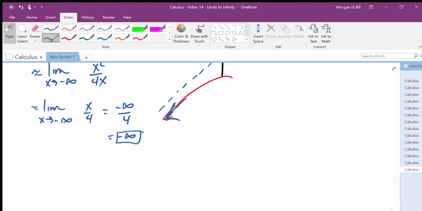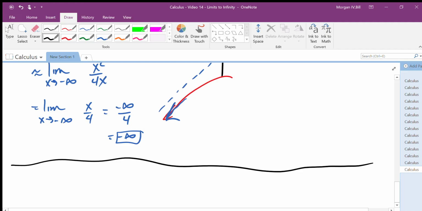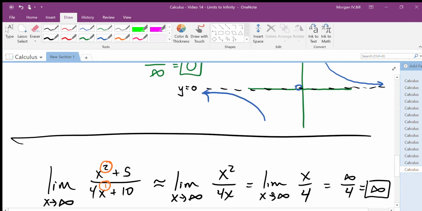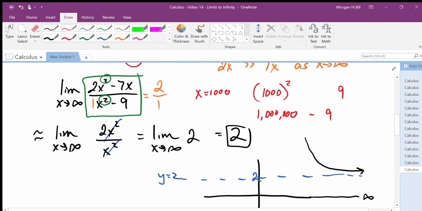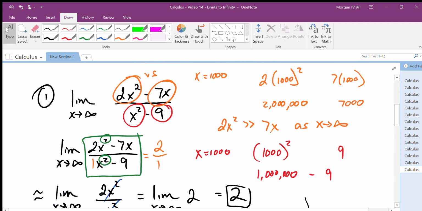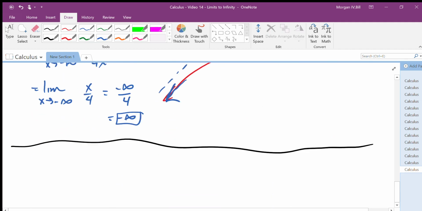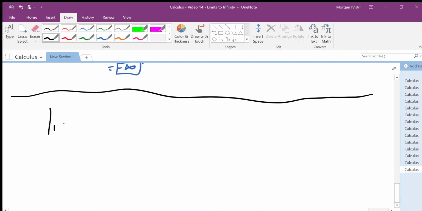Let's see if that same sort of thing happens on some of the ones we had earlier. Let's try this first one. The limit as x goes to infinity of 2x squared minus 7x over x squared minus 9. But this time, let's let that x go to negative infinity.